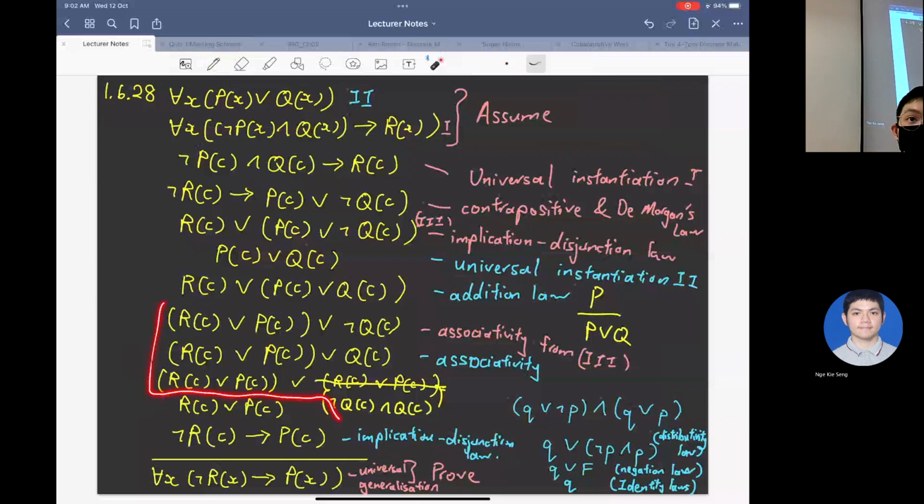Huh? Yeah, the screen is black. Why is the screen black? Yesterday it was also like this.